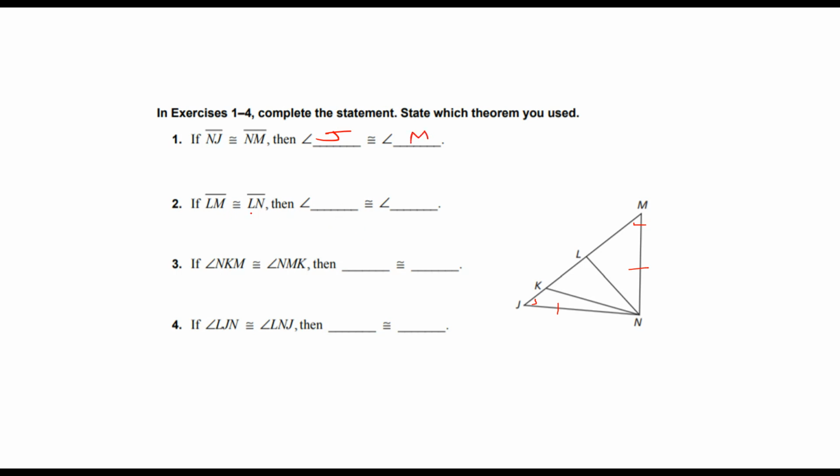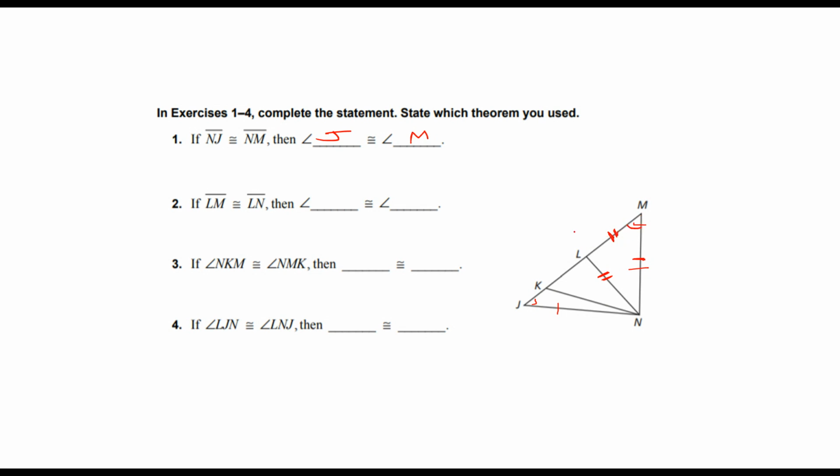Okay, if LM is congruent with LN, let me mark that with 2 now. LM is congruent with LN. Well, I've got to say that those two do not look congruent, but if LM, oh, sorry, LM, that's why. There we go. So it's this corner. Then what is congruent?